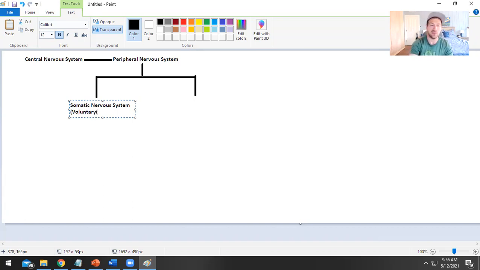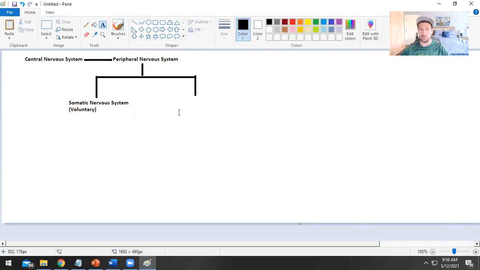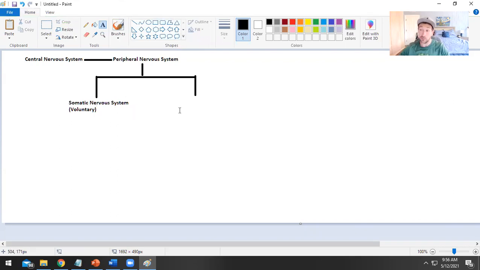So that's your somatic nervous system. This is the part of your nervous system where you are consciously deciding to do something. So when you decide to contract your biceps, for instance, that is a somatic response. The peripheral nervous system is controlling that somatically. It's conscious, you are deciding to do it.